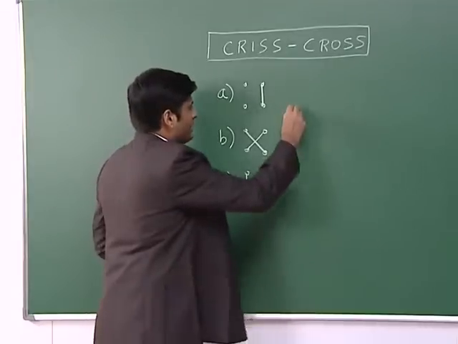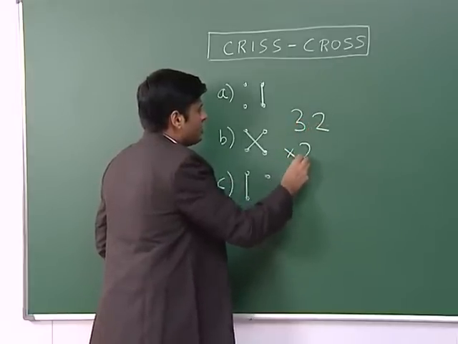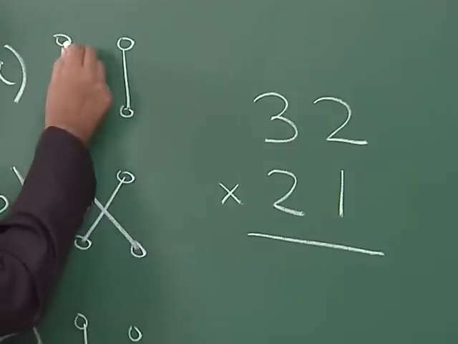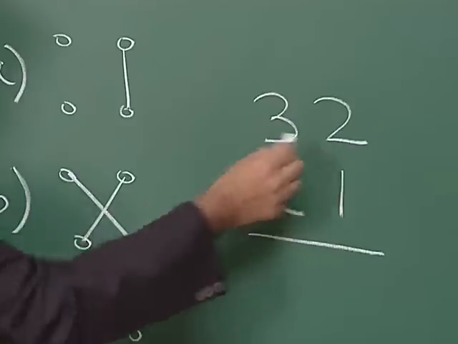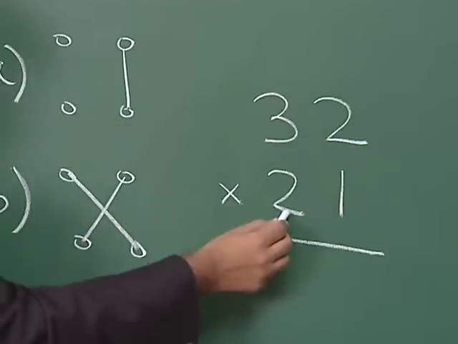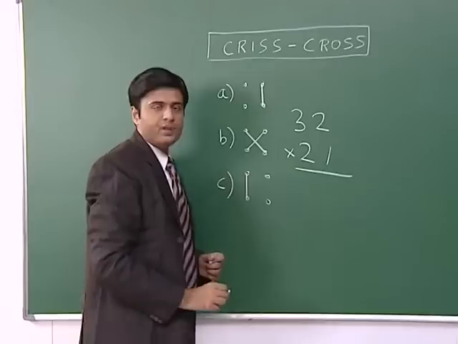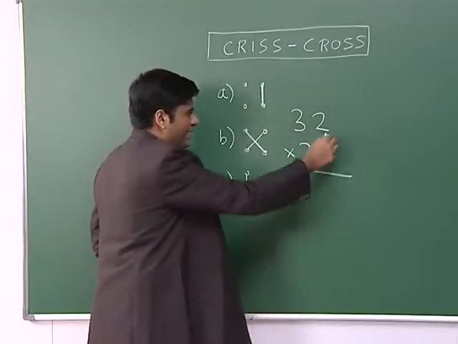Suppose I have to multiply, say, 32 by 21. Then this dot represents 3, this dot represents 2, this dot represents 2 and this dot represents 1. First step says you multiply these two numbers right and right.